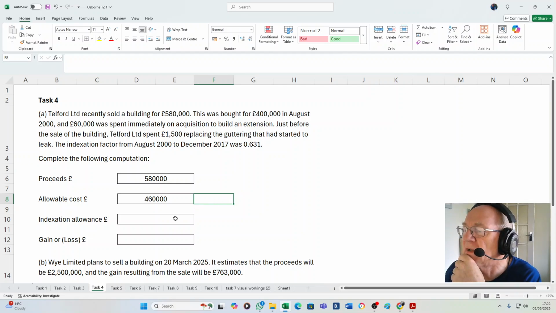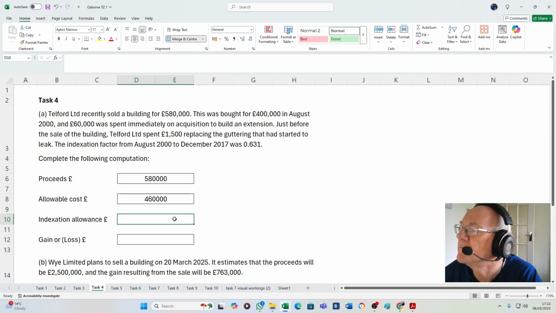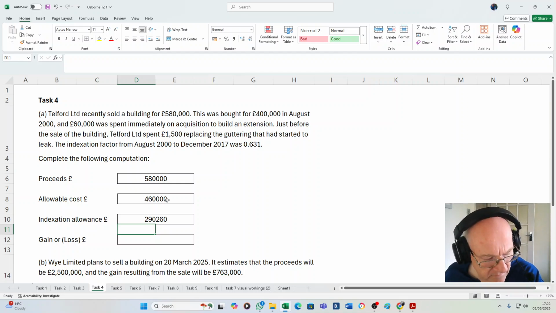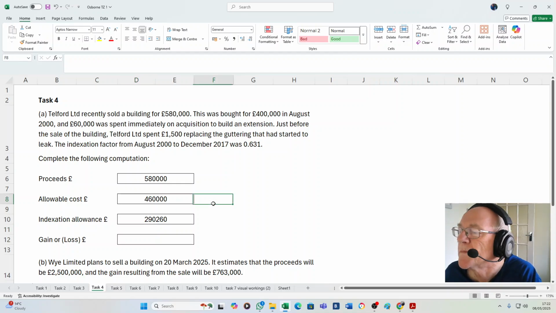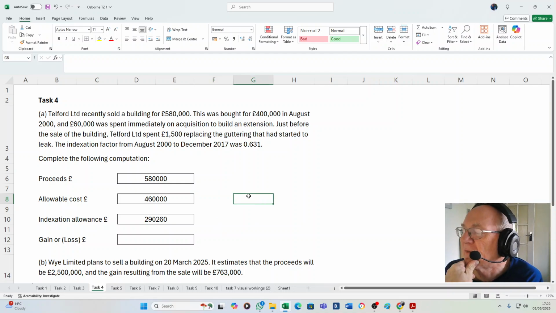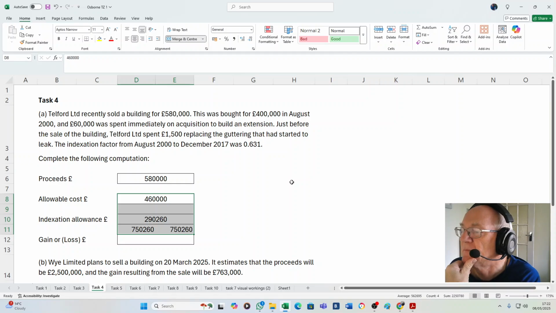The indexation allowance times the allowable cost is, that's not right. And the reason why that isn't right is that indexation cannot be used to extend or create a loss. So if we added these two together, we would get 750,260.